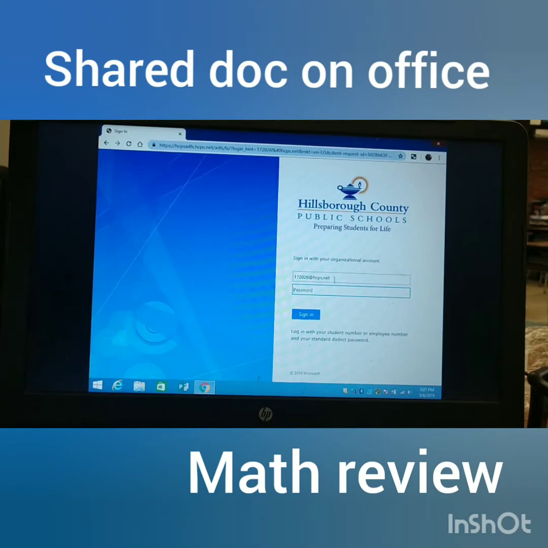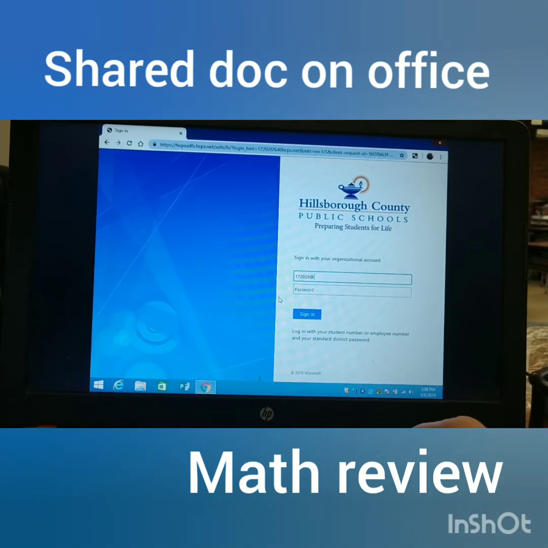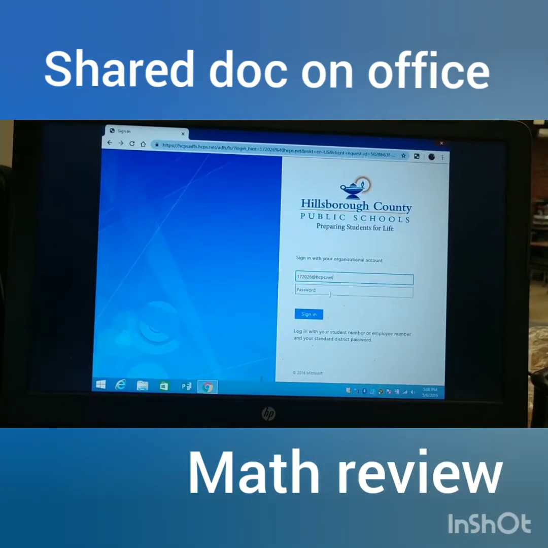Once you come to office.com, mine defaults to your organization account. But if it didn't have that in there, you have to put in your lunch number at hcps.net. If you don't put hcps.net, it'll ask you for your phone number because it won't direct you correctly.